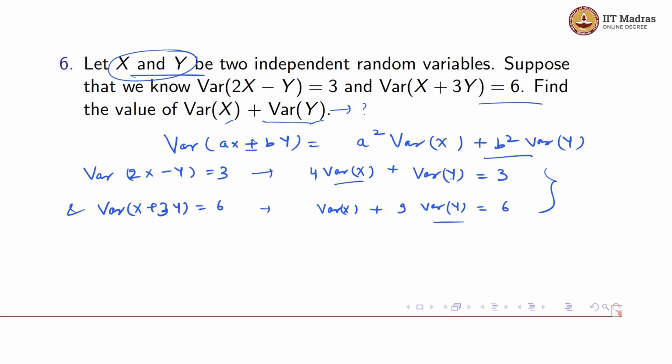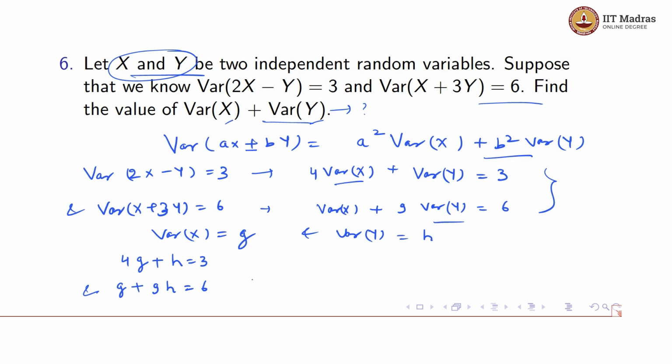Let's assume variance of X is g, and variance of Y is h, for simplification of the calculation only. So this we can write as 4g plus h is equal to 3, and g plus 9h is equal to 6.